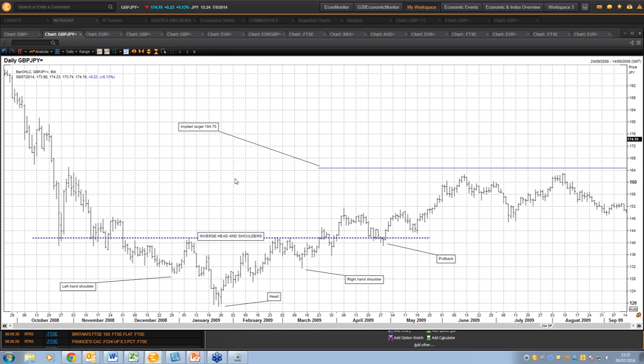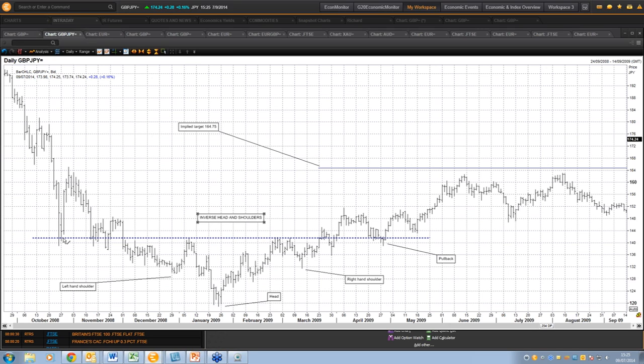Okay, head and shoulders reversal, or inverse head and shoulders bottom, whatever you want to call it. This is sterling yen, and this is on a daily chart. Between 2008 and 2009, a few months this pattern took, but we saw again the formation of this pattern.